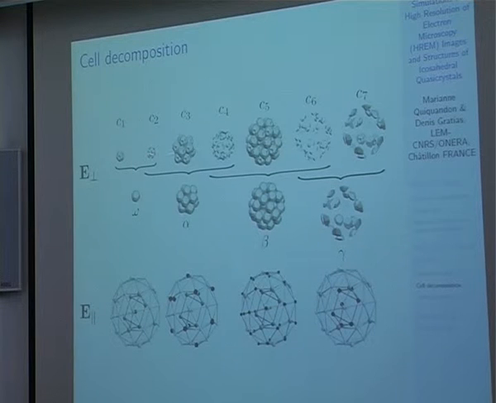If you merge these 3 cells, C2, C3, and C4, you obtain this cell alpha, and this cell alpha distributes in the physical space atoms at the vertices of these icosahedra, and so on. So omega, alpha, beta, and gamma are the only ingredients needed to describe the chemistry of the icosahedral phase.